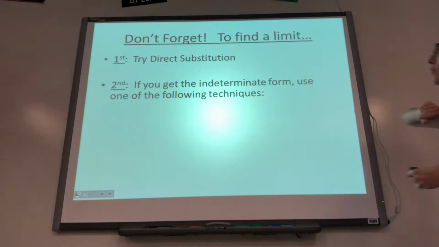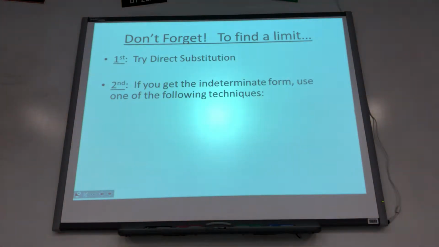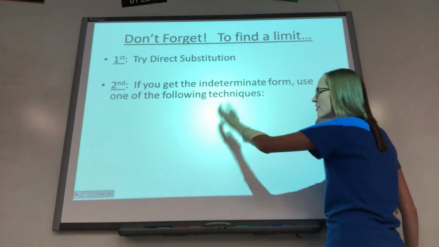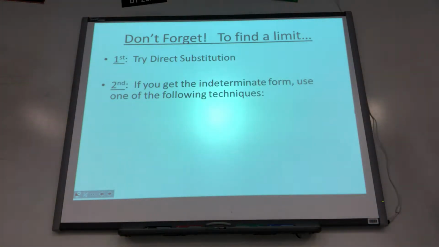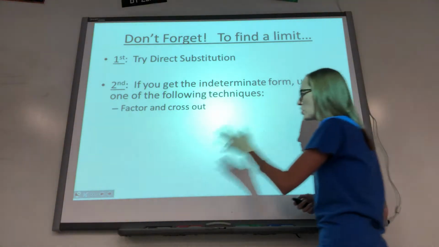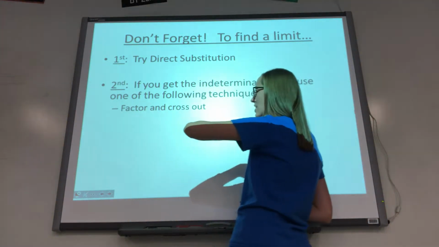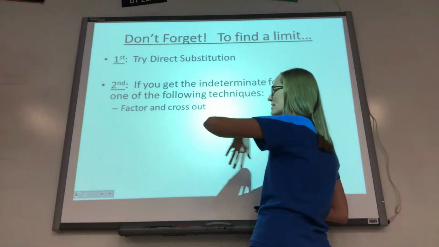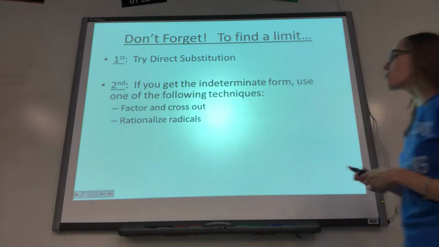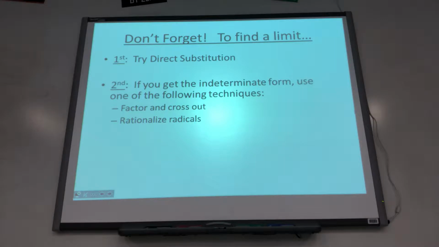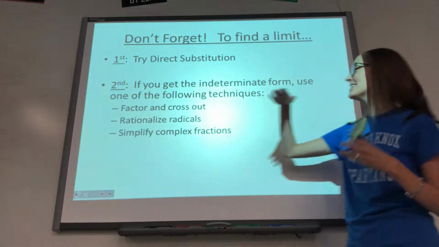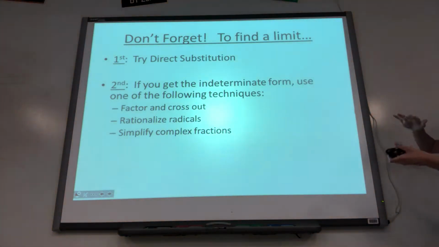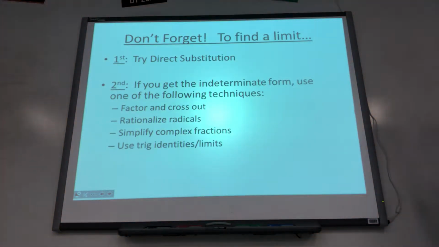Now, if you get the indeterminate form 0 over 0, here are some of the other techniques that we learned. Again, this is already in your notes, but just a review. You can try to factor and then see if something crosses out. If you have radicals, see if you can rationalize them. If you have complex fractions, see if you can get rid of those and then simplify.